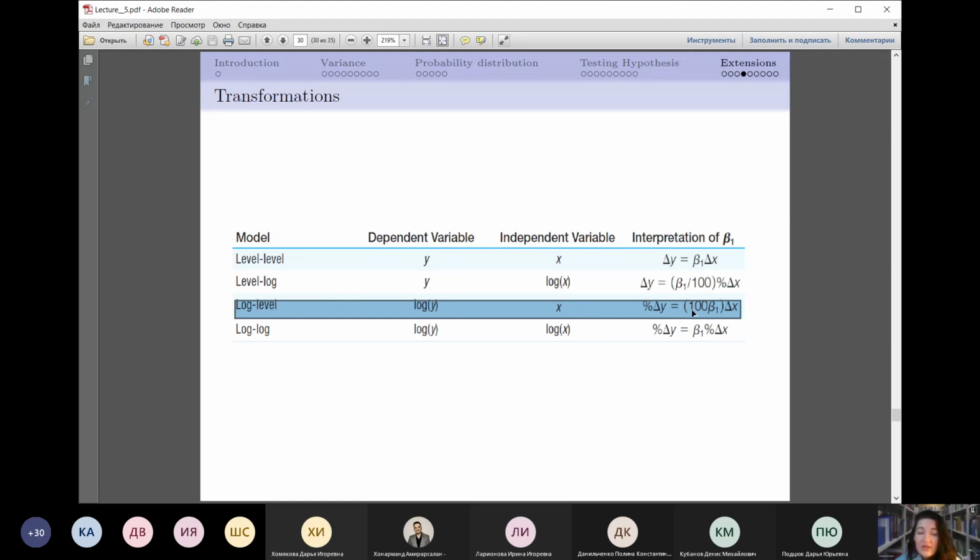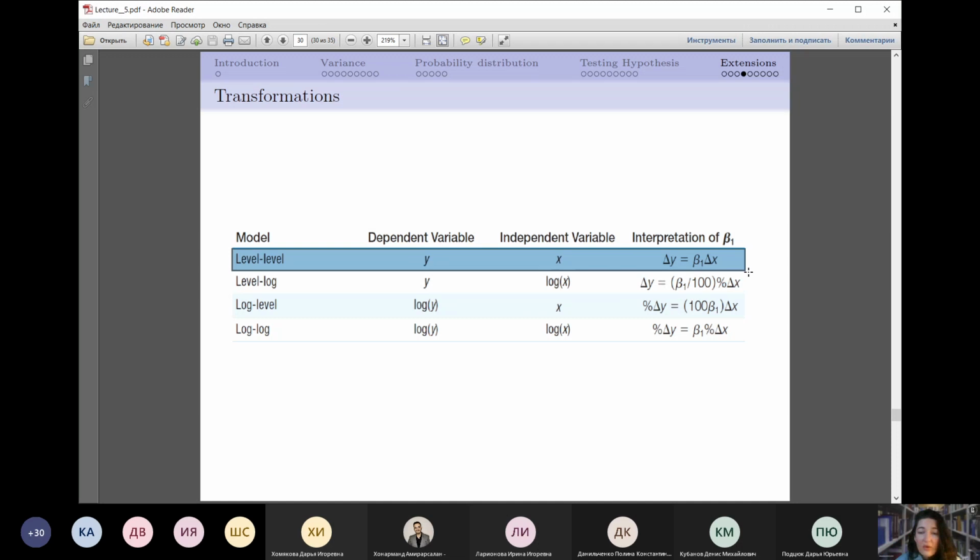In this case, you interpret your result differently than in the level model without any log transformation. In the level model, how can we interpret our beta coefficient? We say that a 1 unit increase in x changes our dependent variable by some value of beta.